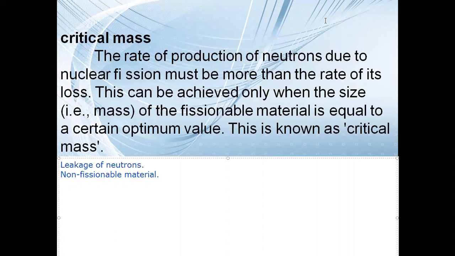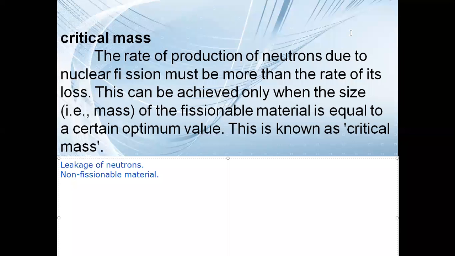So what is meant by critical mass? The production of neutrons is more than the rate of loss of neutrons.